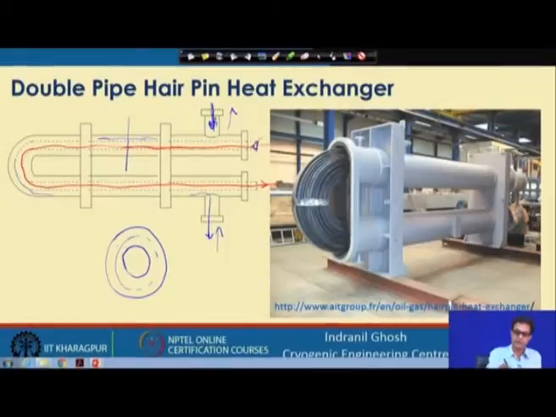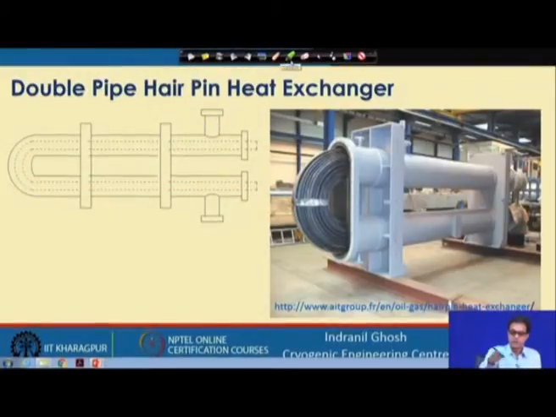If it is entering from this end, it will be parallel to this flow, and that will make a parallel flow arrangement of the heat exchanger. So, this is the simplest possible geometry, which we call the double pipe heat exchanger, or often the double pipe hairpin heat exchanger.